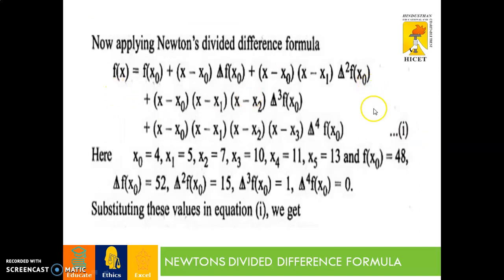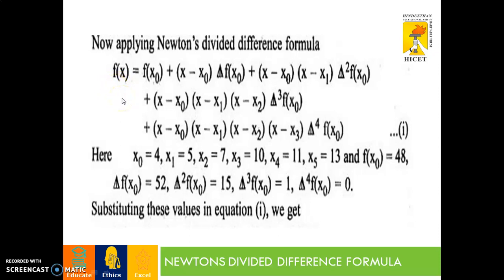Now we have to apply the formula. So what's the formula to find the value of y when the x value is given in the problem? So our unknown value is x equal to 8. So corresponding to x equal to 8, we have to calculate f of x.